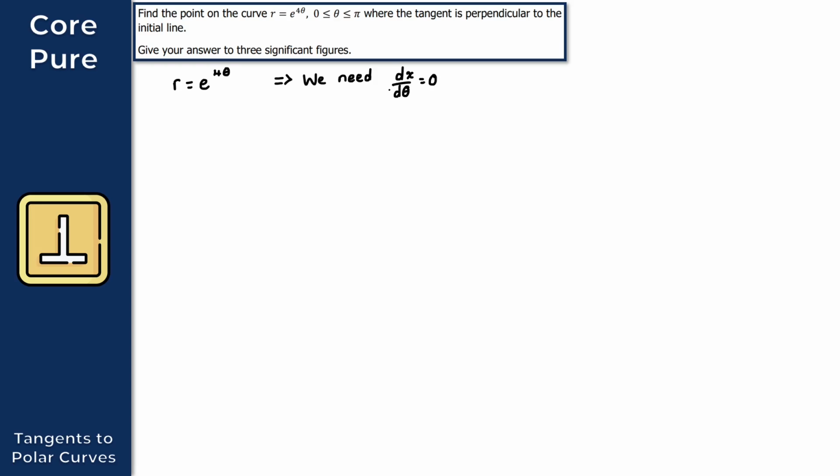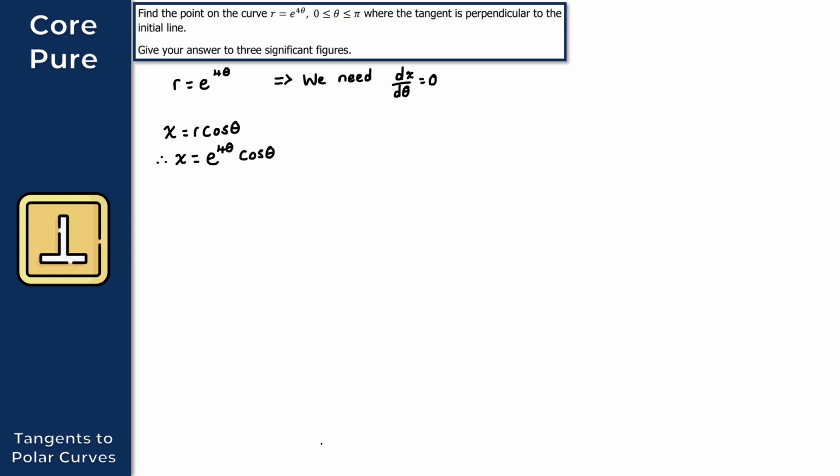Okay, so we need dx by d theta is equal to 0. So don't forget, when we're working with polar coordinates, x is equal to r cos theta. So in our case, for r equals e to the 4 theta, what we have for x is x equal to e to the 4 theta cos theta.